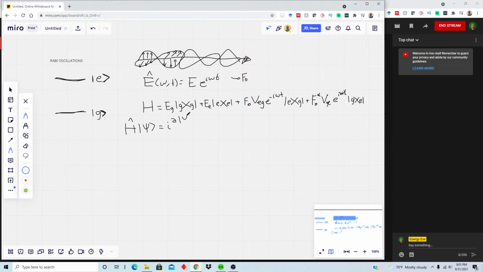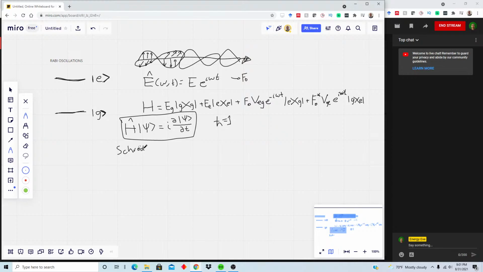So this is where we're stepping up into putting on our big boy pants. And we make an assumption with h bar equal to 1. It's just to make it a little neater. And so this right here is the Schrodinger equation. Man, I hope I spelled it right.